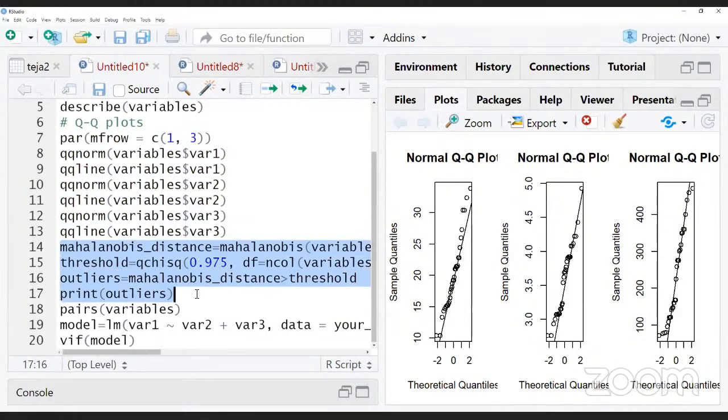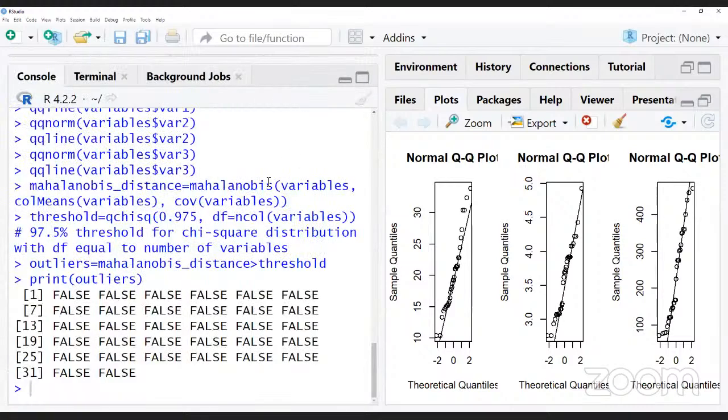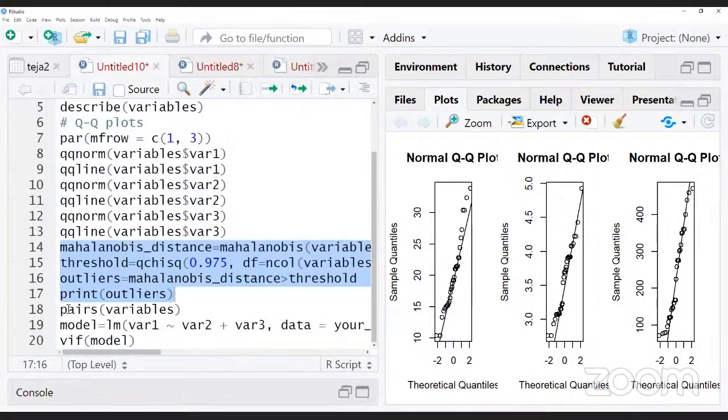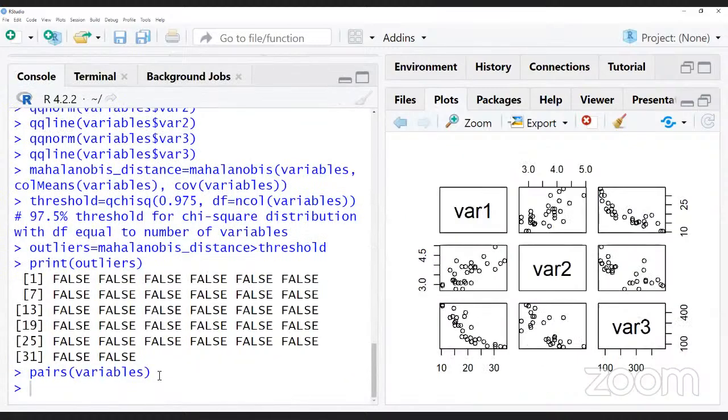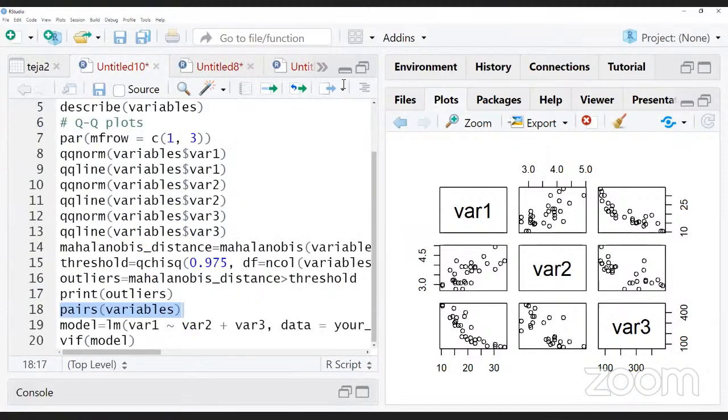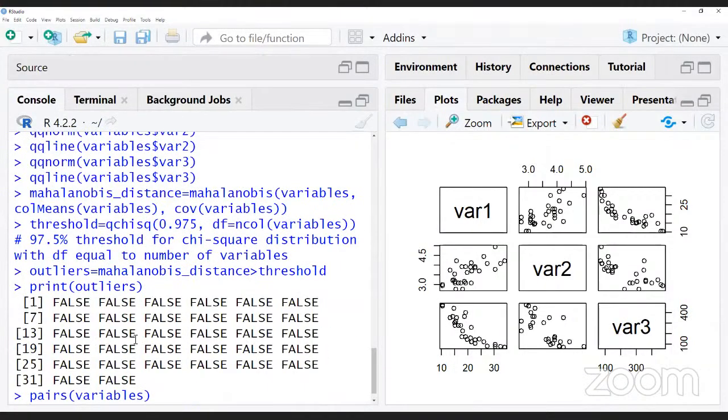After that, you have to do the Mahalanobis distance. Yeah, now you find that there is no outlier. So it is false. And this is the pairs variables. So these three variables, how are they correlated with each other? That is visible to all of you.